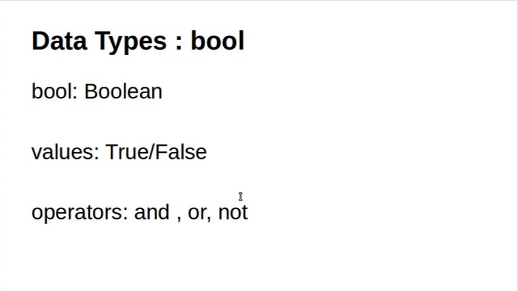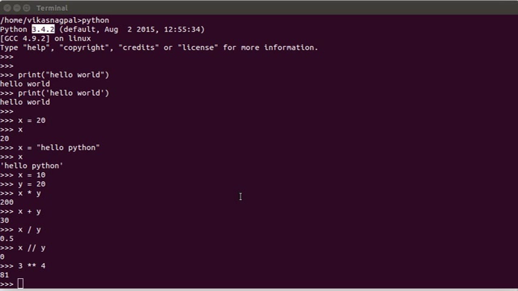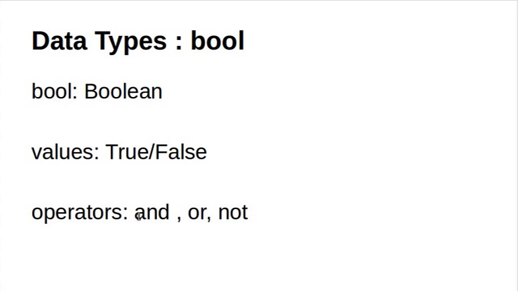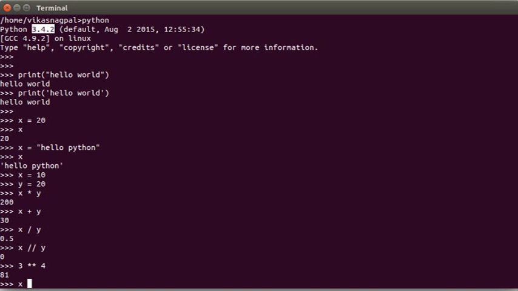Okay. Then we have the Boolean. Boolean basically means that there are two values, true and false. So you can have variables and operators operating on them: and, or, not. So you can have, for example, conditions, x less than 10. Right now what is the value of x? 10.